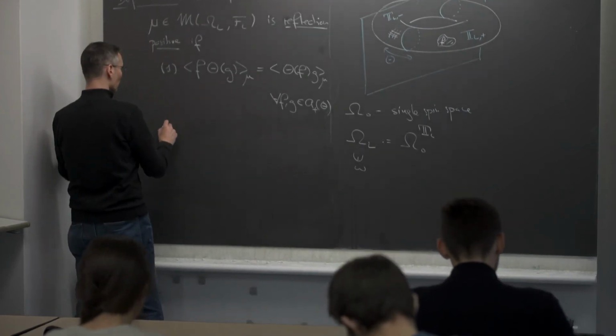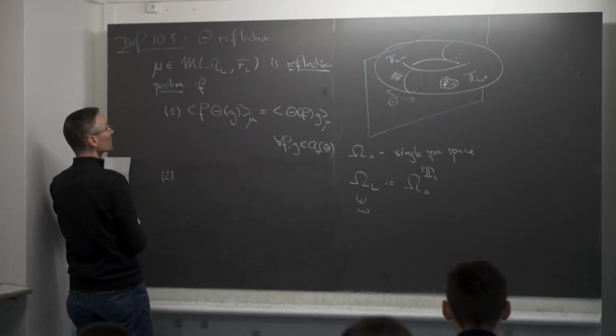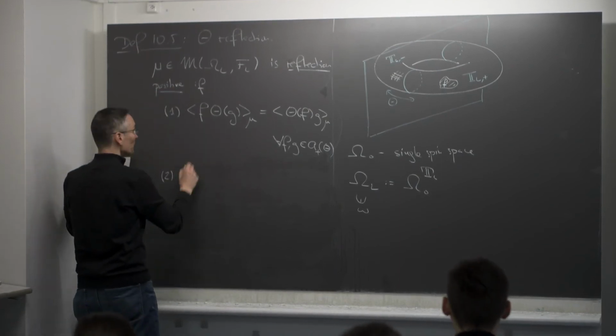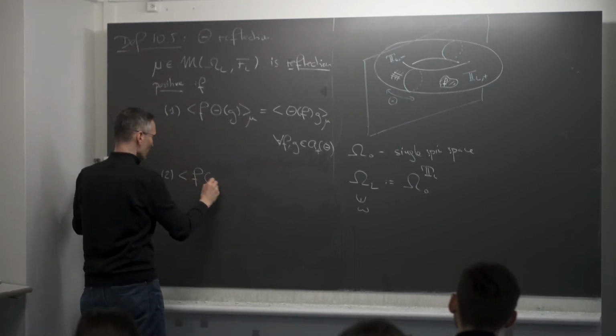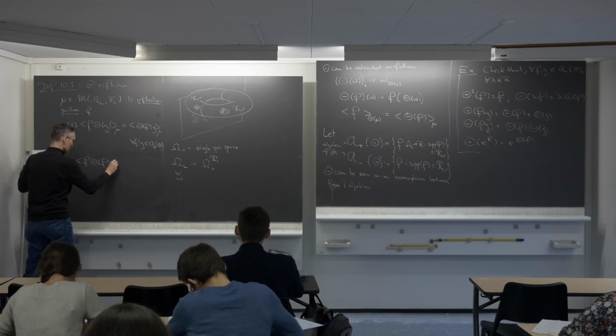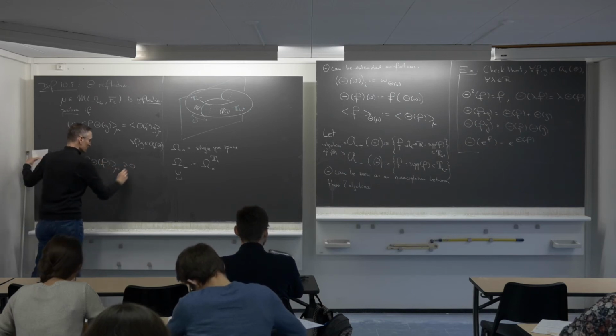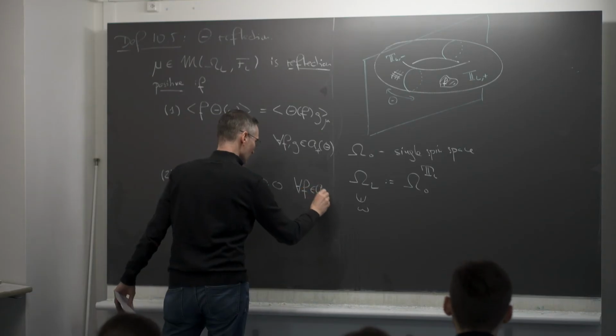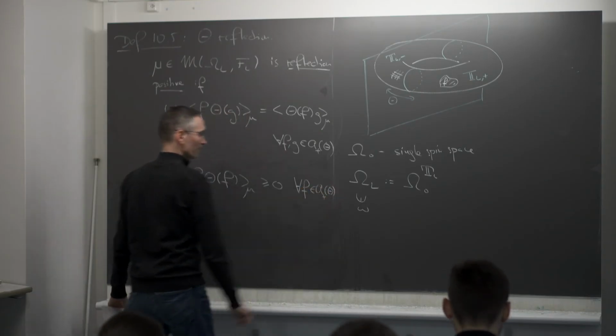And then the second property, and that's the positivity, that's where positive comes from, is that if I take f equal to g, this is always non-negative for all f in A plus of theta.